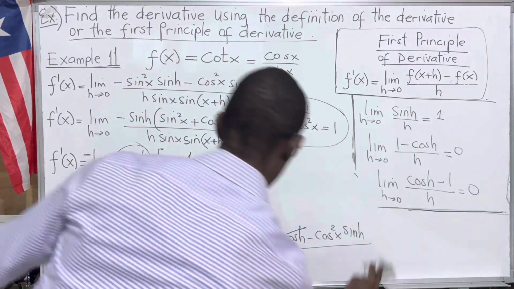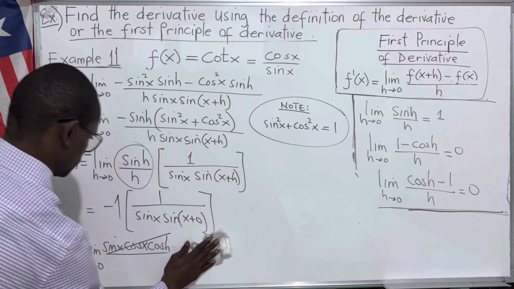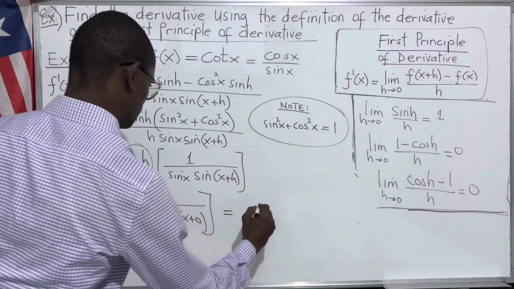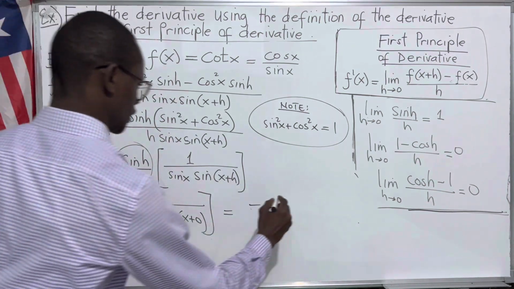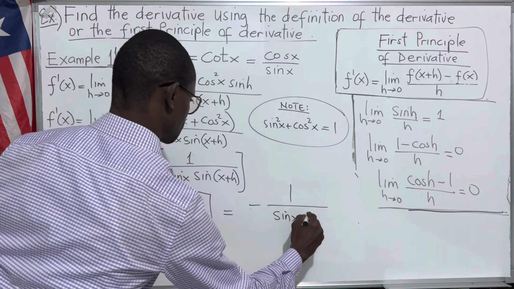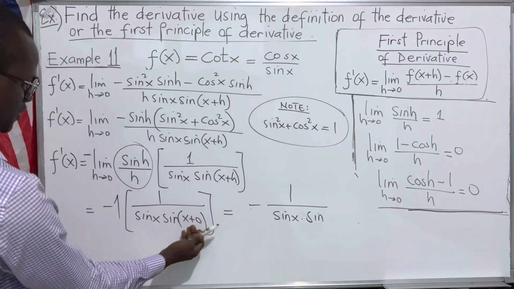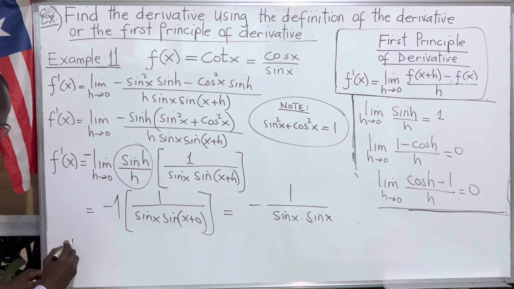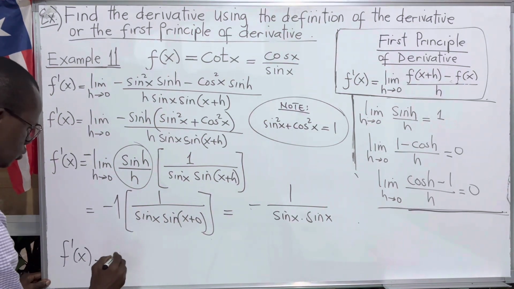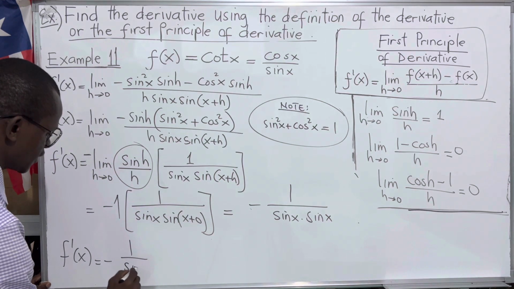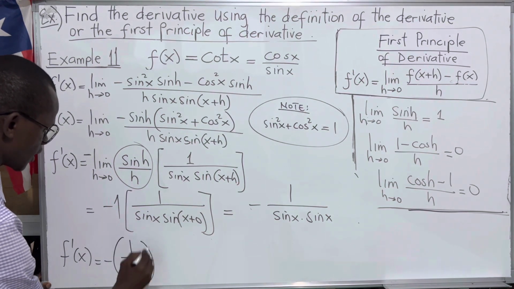So therefore, we almost done, we will have negative 1 all over sine of x times sine of, now this is already 0, so it's sine of x as well. So f prime of x will be equal to minus 1 all over sine of x all square.